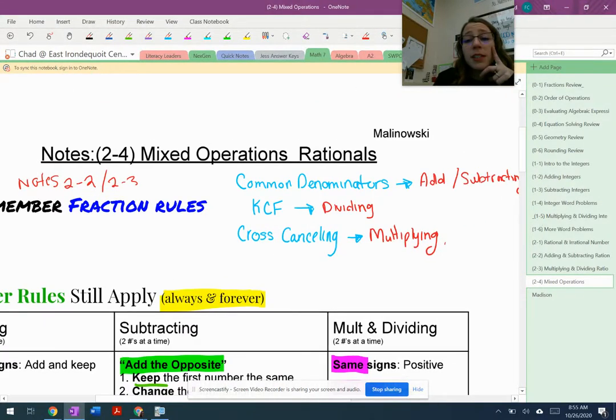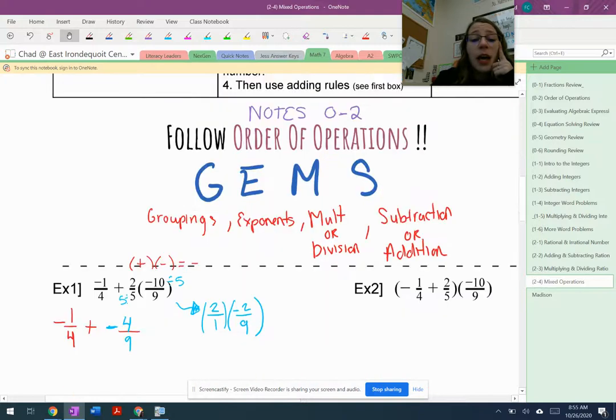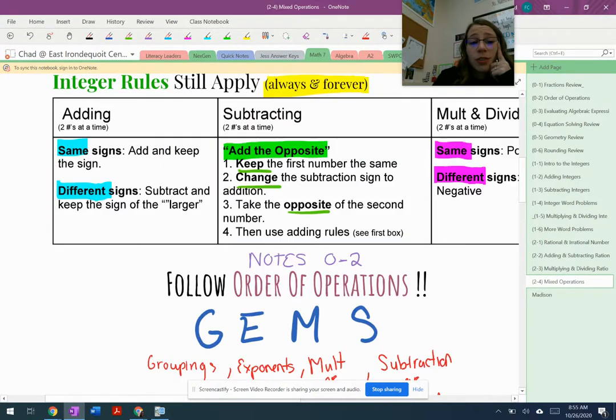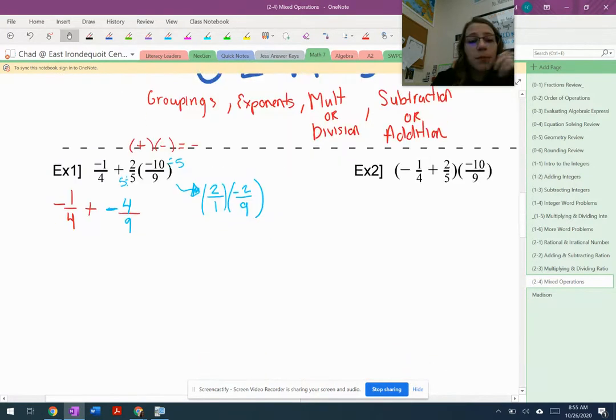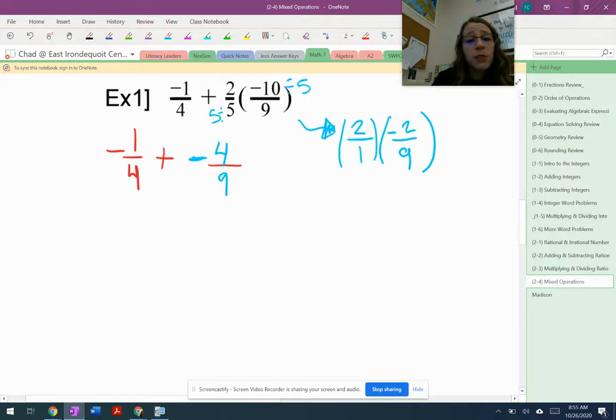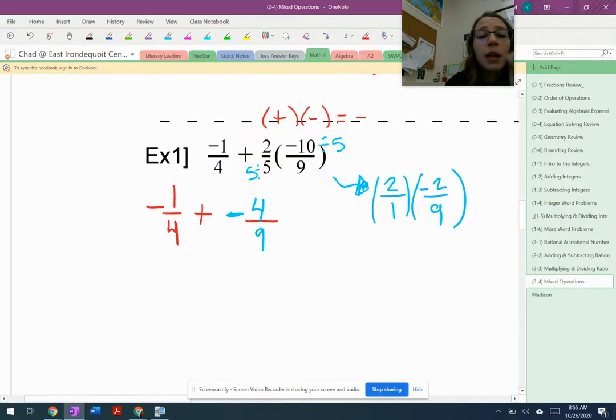So I'm going back up to my fraction rules. I'm adding and subtracting, so I know that I need to have common denominators. And I'm also adding numbers with the same signs, which means I'm going to add and then keep that sign. So first, let's focus on common denominators. I have 4 and I have 9 as my denominators. There's nothing I can do to 4 to make it into a 9, so I'm definitely going to need to edit both of these fractions.